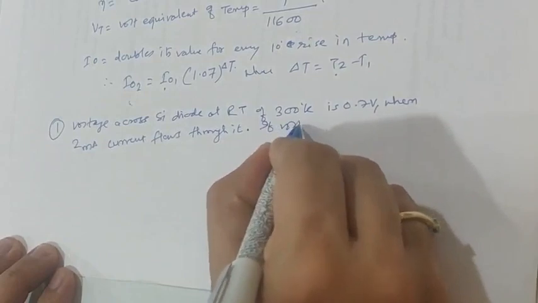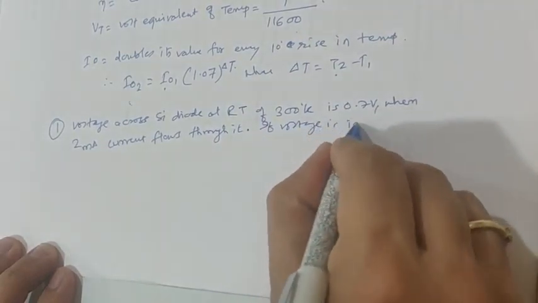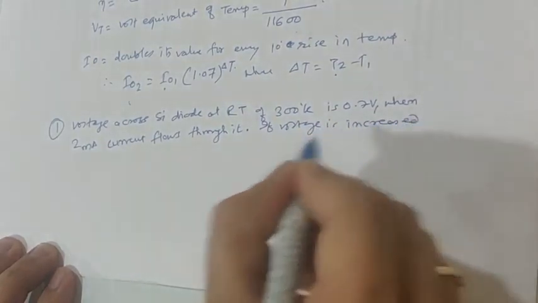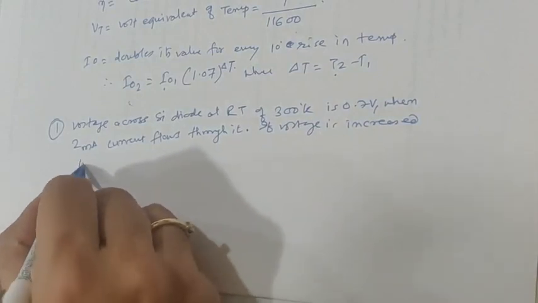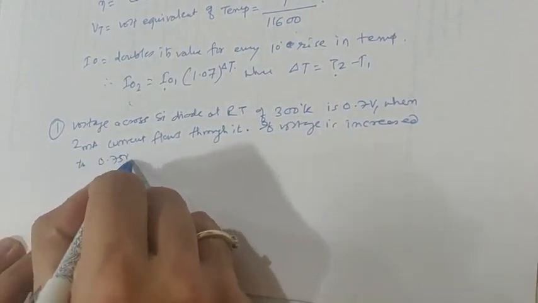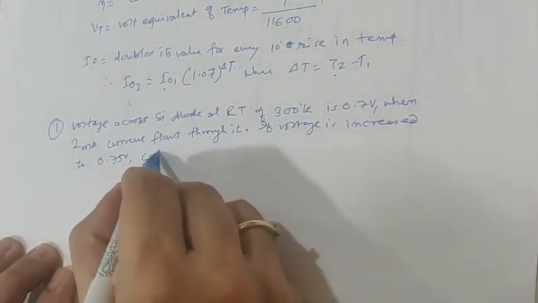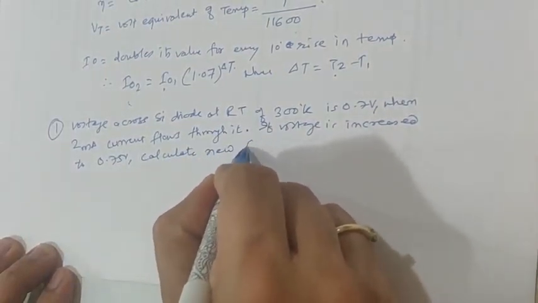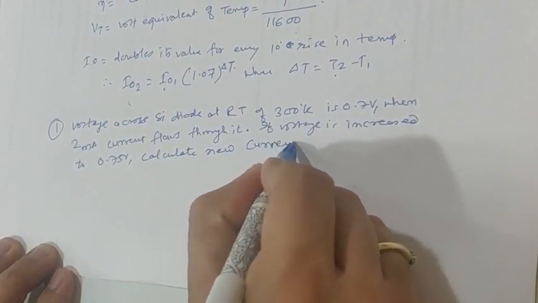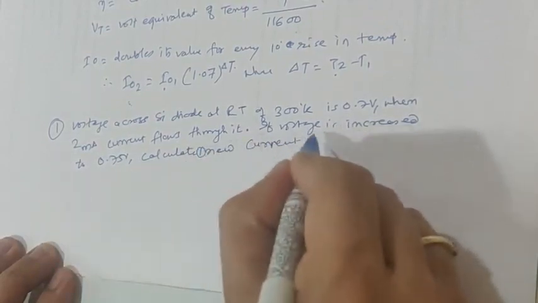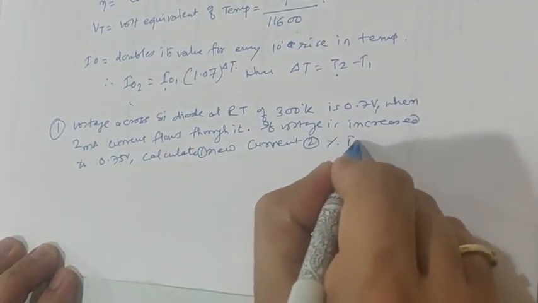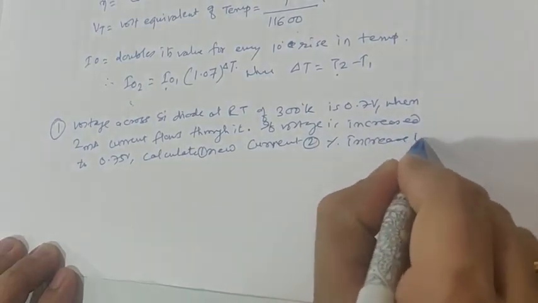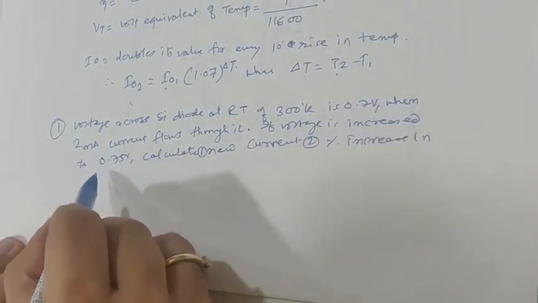If voltage is increased to 0.75 volts, calculate new current. This is the first part that you need to calculate, and the second one is percentage increase in current. Right.